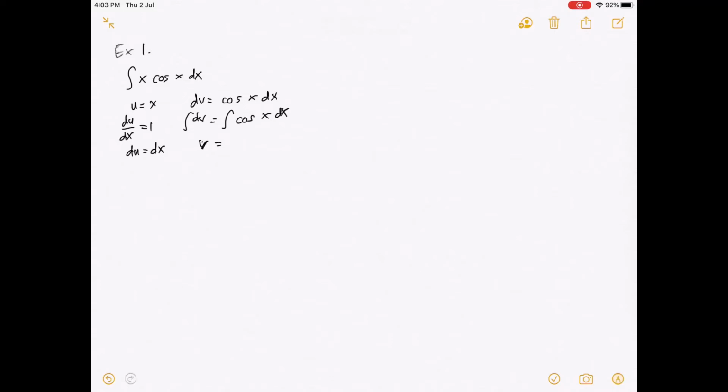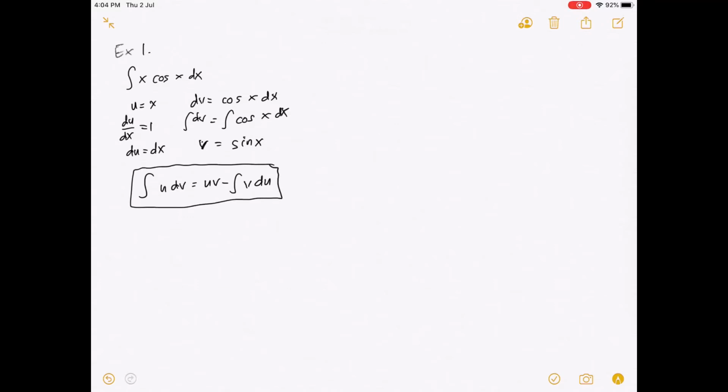Integration of course will have a constant, but in this part we omit the plus c. Plug everything into our formula, u dv equals uv minus the integration of v du.